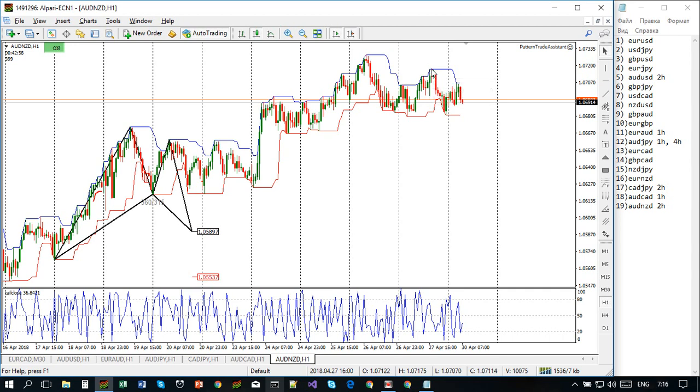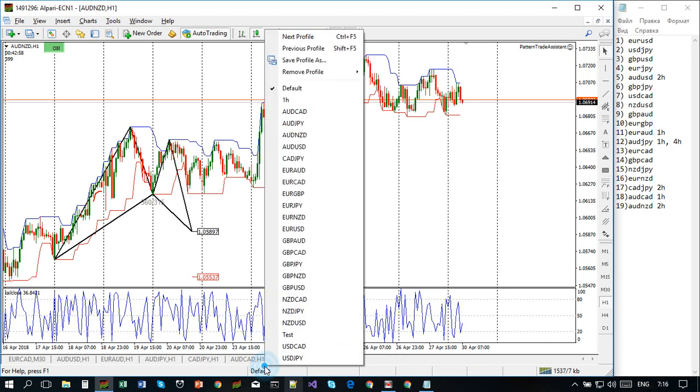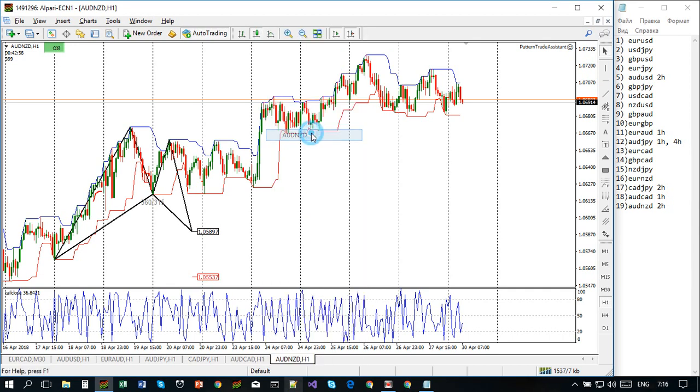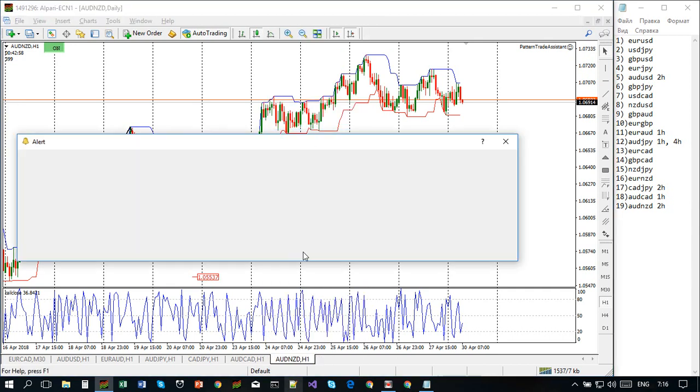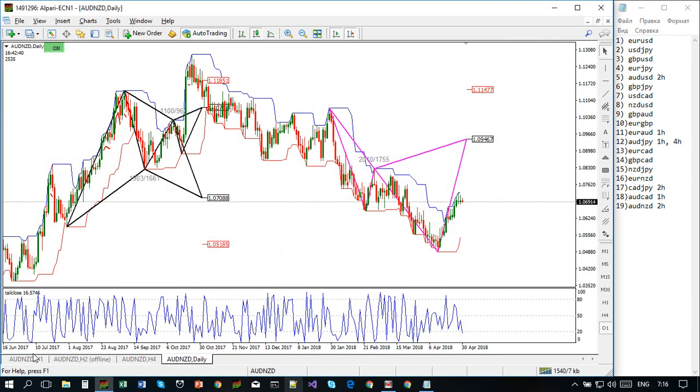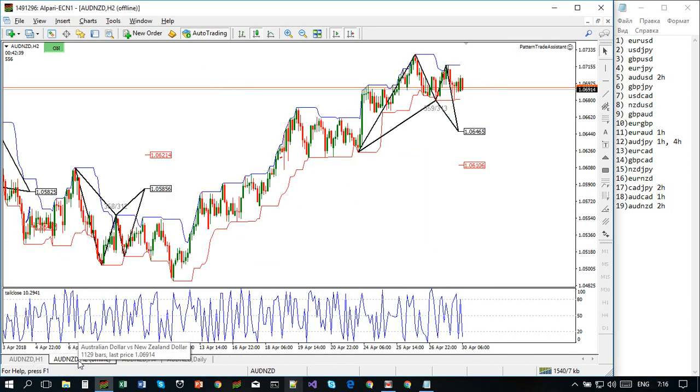I think it looks this way. Nope. On 2 hour. Lower. It goes lower. Aussie New Zealand 2 hour.